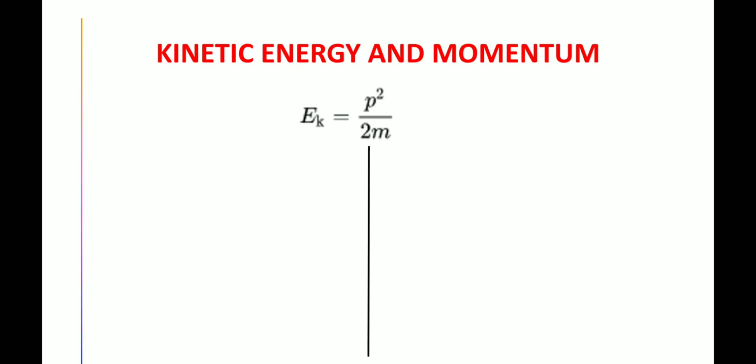Next, in this slide, we will study the relationship between kinetic energy and momentum. Definitely, there is a relation between these two, as both of them are properties which are linked with mass and velocity.